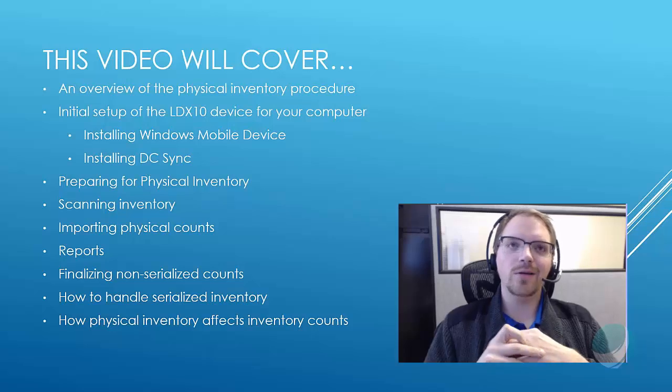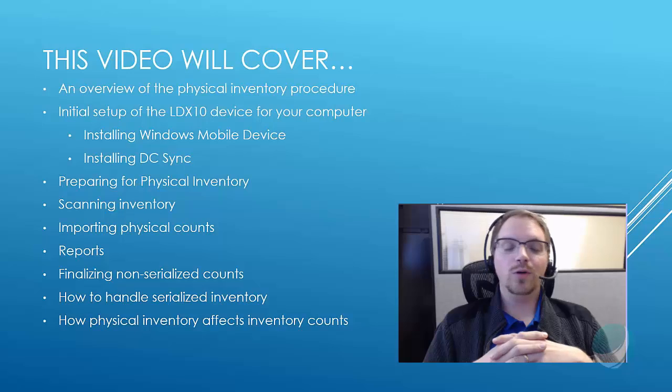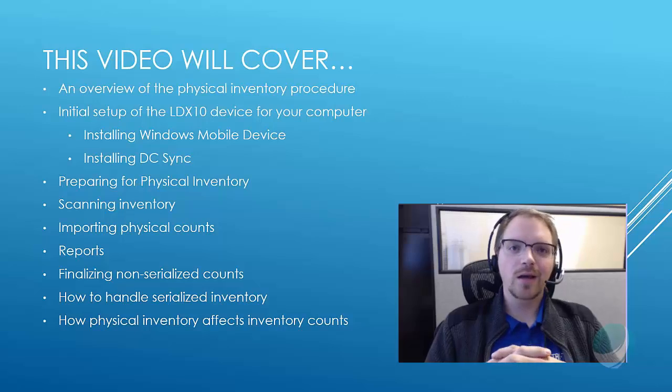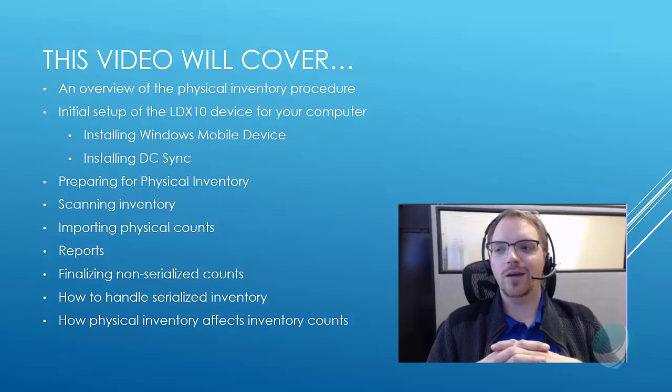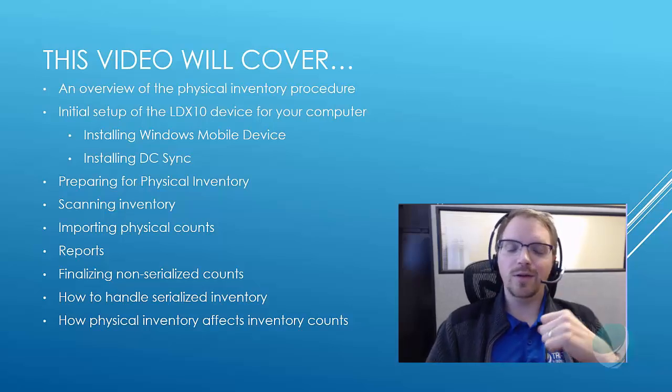Again, I'm going to be focusing on a Windows 10 element. Really with Windows 10 or probably even Windows 7 and up, it should be fairly plug and play. We're going to take a look at a few supplemental programs that you'll want to make sure you have on your computer so that the system and the process goes smoothly for you.